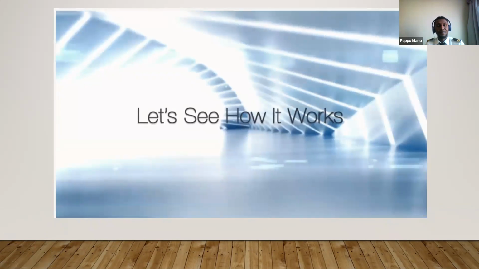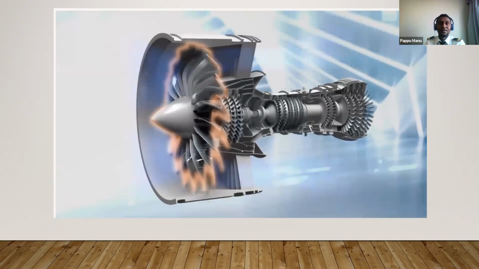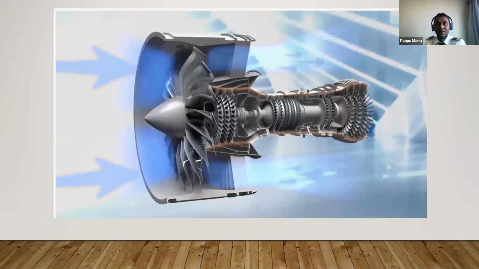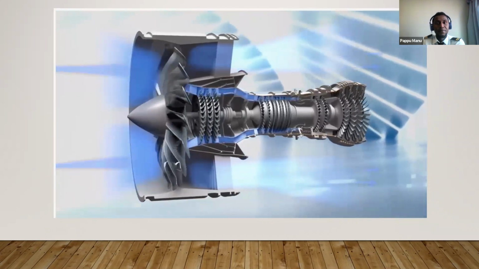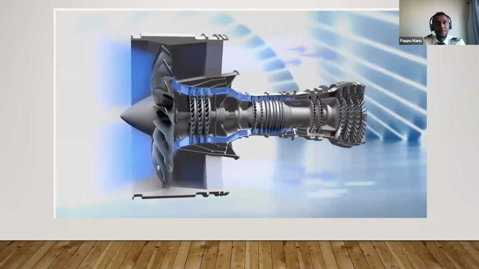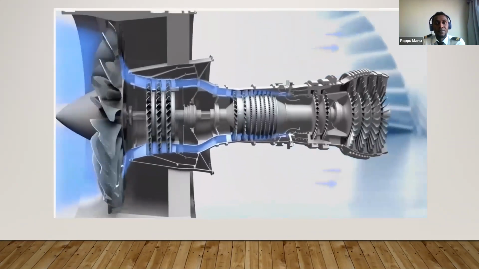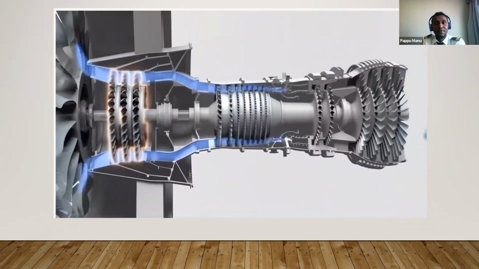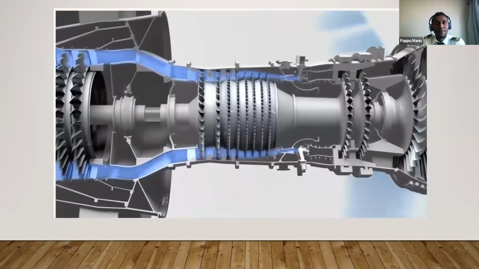A big fan at the front of the engine pulls air around the engine and sucks air into the core. We'll come back to that outside air in a moment. For now, let's follow the air in the core. It goes into a compressor, something like many household fans joined together.